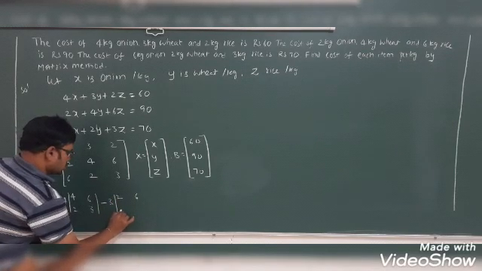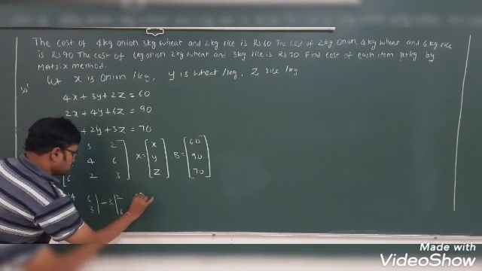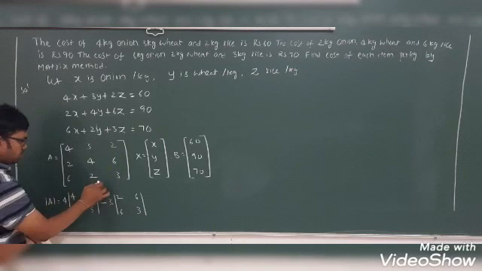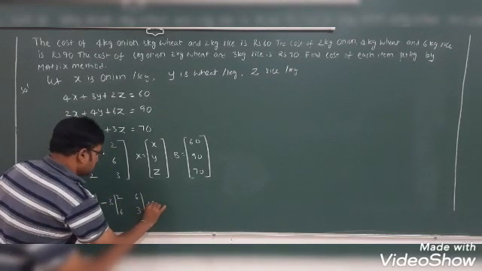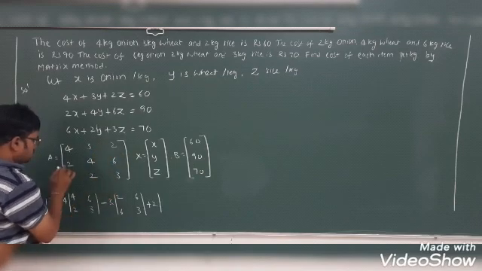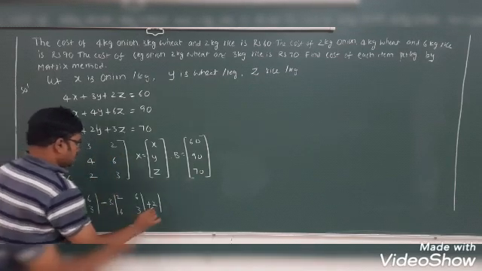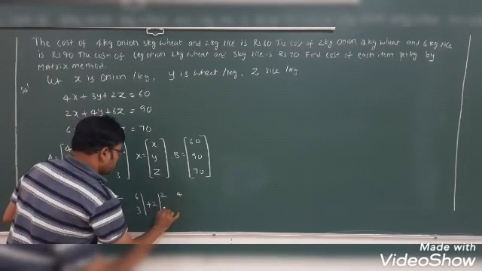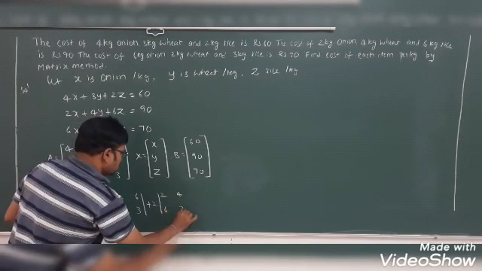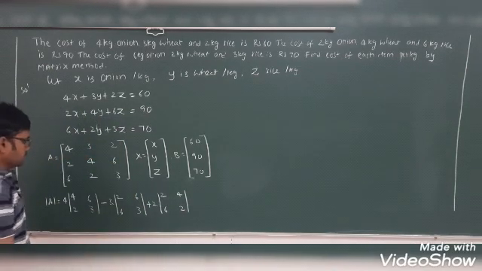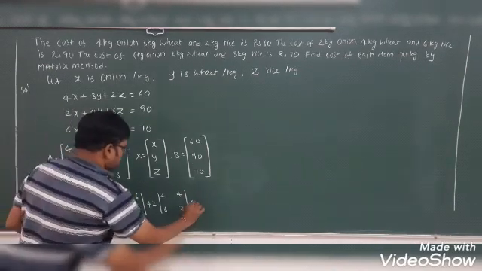And next, this 2. Suppress the row and column of this 2, then we get 2 into 2, 4, 6, 2.